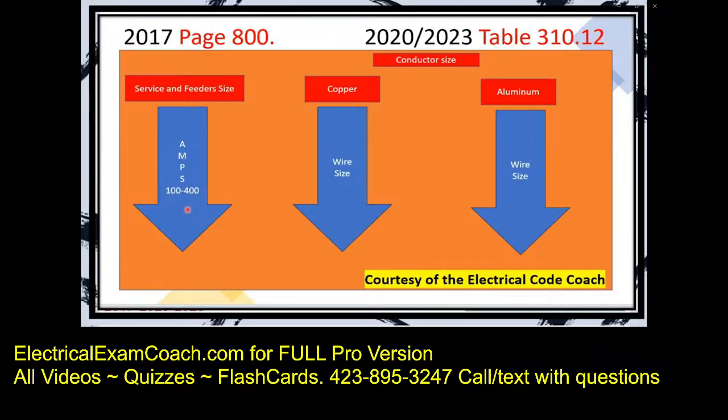And I've got a great graphic illustration in the next slide to show you when it does and does not apply. On the next column over, we're going to see the copper side if we decide to use copper, and then aluminum if you decide to use an aluminum. So what you do is size your service. You come down here. Let's imagine it's a 100 amp service and you want to use copper. You slide over and it tells you what size wire to use. It makes it super simple. Now let's put it to practice.